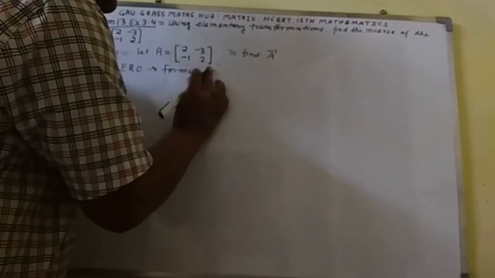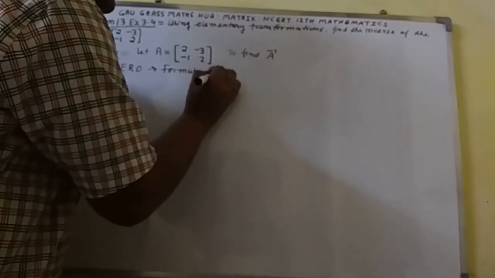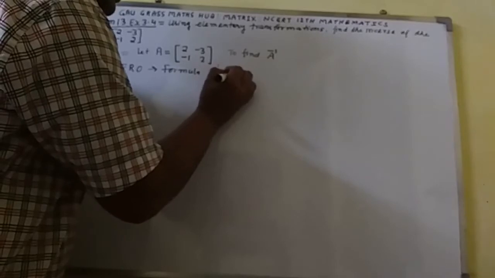Goes to formula. I shall write the formula for elementary row operation. The formula is A equal to IA.